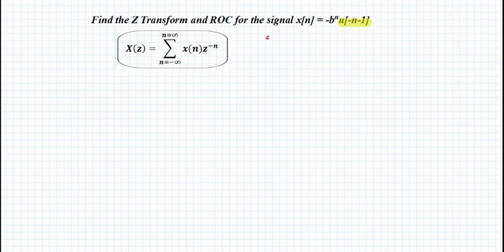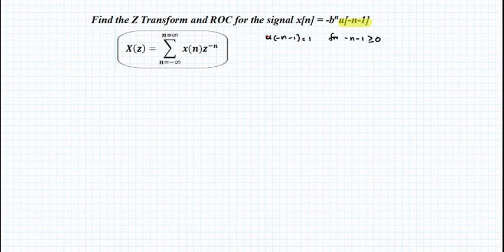It's a step signal, so I can write u of minus n minus 1 is equal to 1 for the limit minus n minus 1 greater than or equal to 0, just like a step signal.